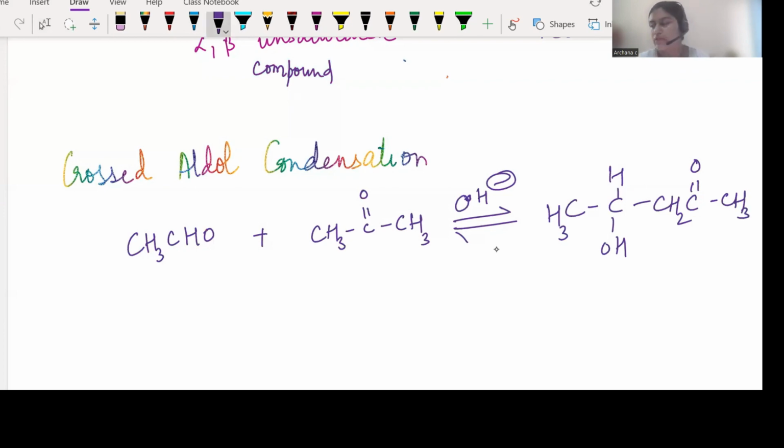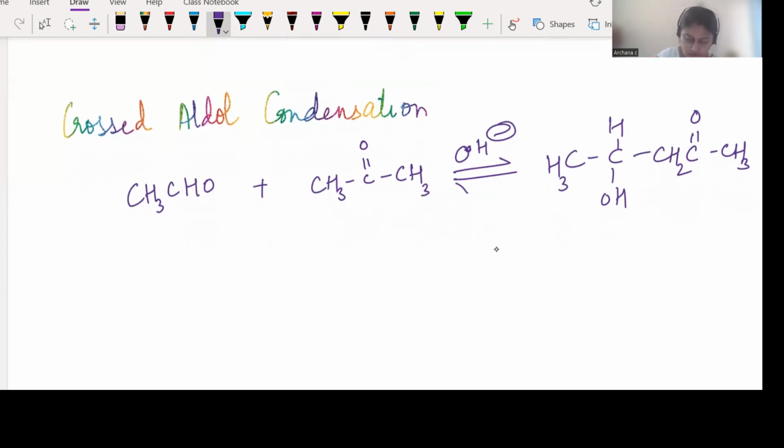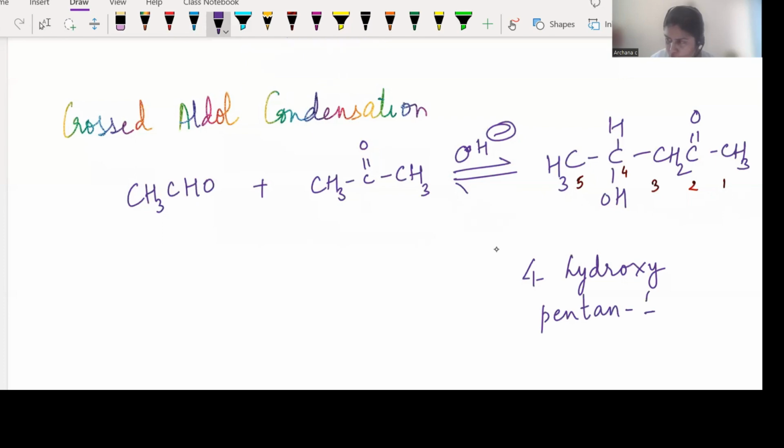This is known as 4-hydroxy pentan-2-one. Let us name it. Naming will proceed this way. So it will be 4-hydroxy pentan-2-one. Cross aldol product.